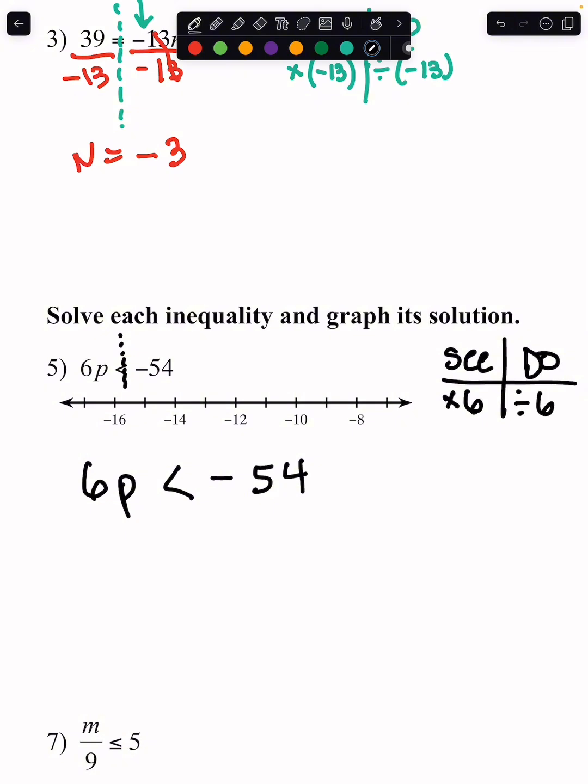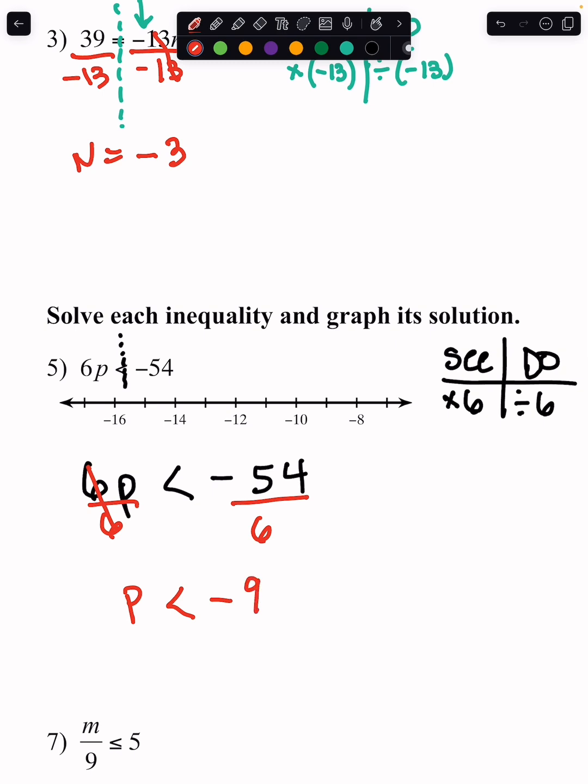So I'm going to divide both sides by 6. P is less than negative 54 divided by 6. Well, the signs are different, so my answer is going to be negative. 54 divided by 6 is 9. So this says P is less than negative 9.